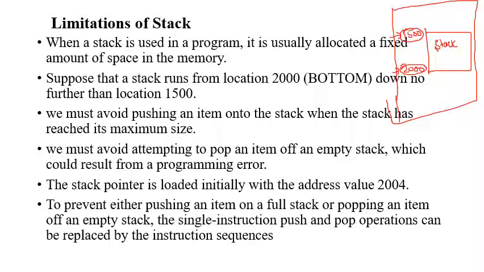So we must avoid pushing an item onto the stack when the stack has reached its maximum size. For example, we start from 2000 with the stack pointer at 2000. We keep on pushing the data. It will be decremented by 4 if the word length is 32-bit. So this keeps on growing, and at one stage the stack pointer value becomes 1500. At this stage you are not supposed to perform the push operation.